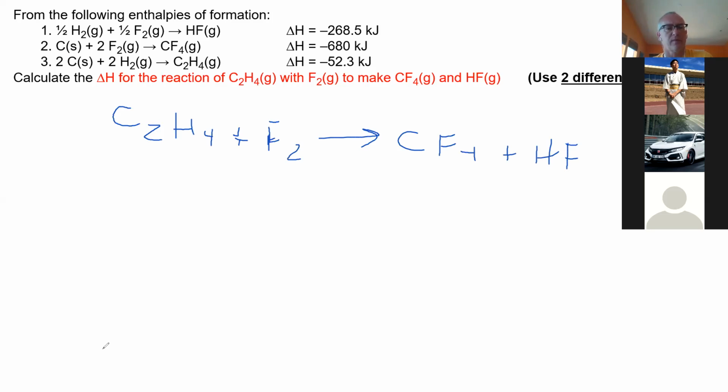So first thing to do, since we've got carbon in one place and fluorine in two places, probably balance the carbon first. So let's balance the carbon first.